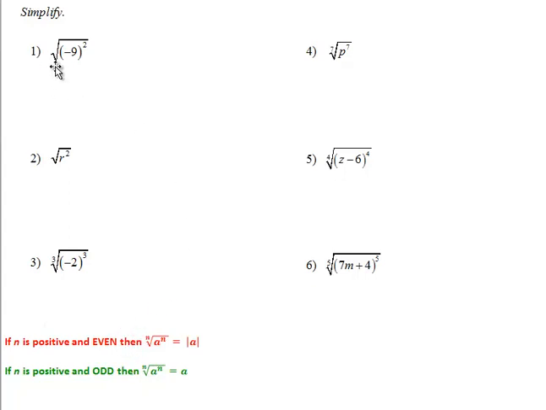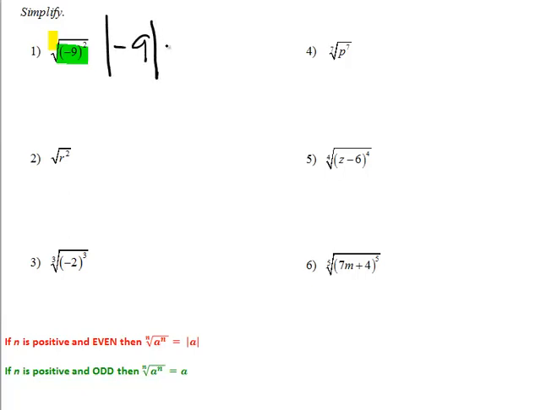Here I have the square root of negative 9 squared. So this is a positive index because even though I can't see it, I know it's there. It's a 2. And I'm going to take whatever's inside, so that would be negative 9.